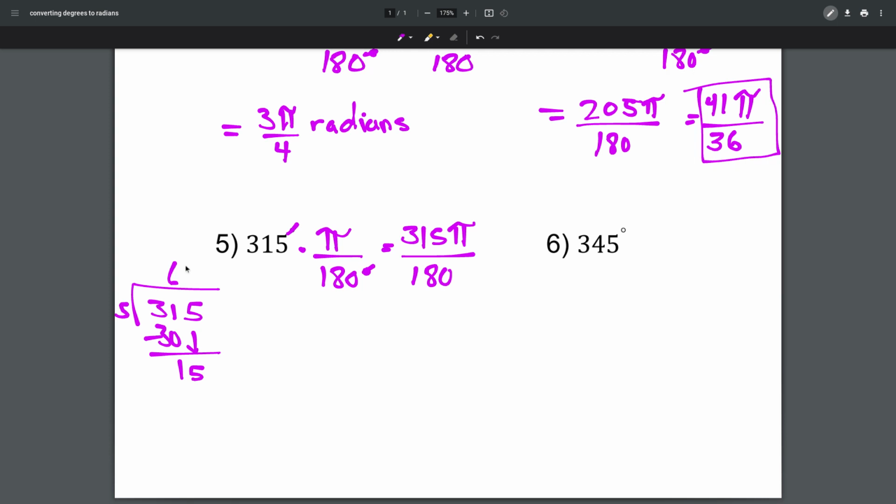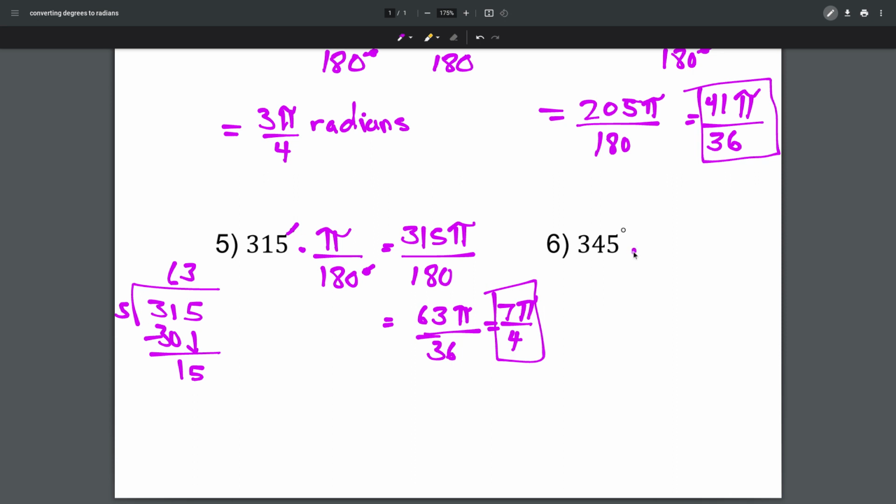So we have 6 and then a 3. So this is going to be 63 pi over 36. Both 63 and 36 are divisible by 9. So if I divide the top by 9, I get 7 pi. And I divide the bottom by 9, I get 7 pi over 4 for that one. Okay, and those are all radians, of course.